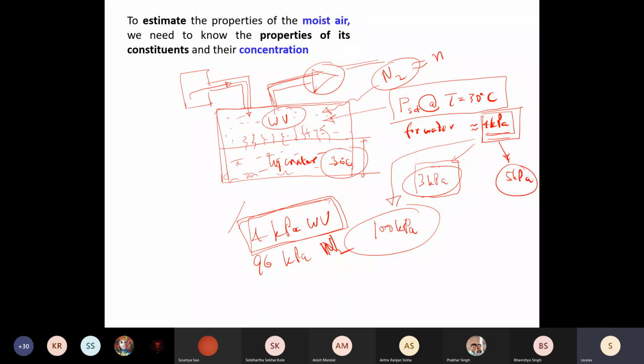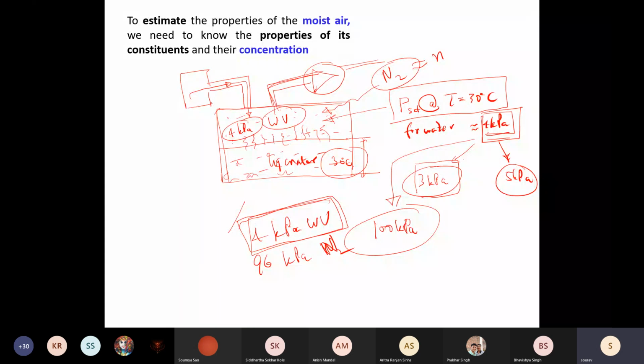Let us understand what exactly happens in the initial period and what happens when you attain a certain low pressure. See, the equilibrium pressure of water vapor is 4 kPa.